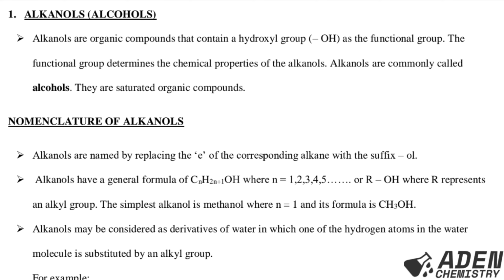So let us proceed to the next part of our class, that is nomenclature of alkanols, that is naming of alkanols. Alkanols are named by replacing the E of the corresponding alkane with the suffix OL.